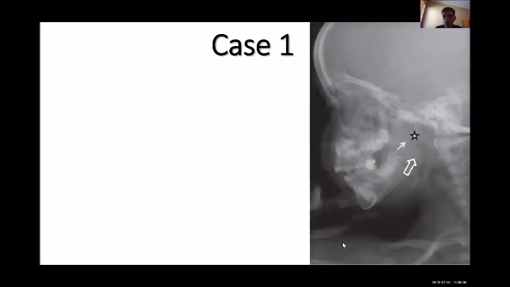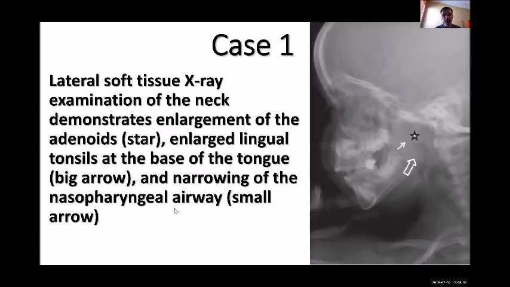You can unmute yourself and answer if you want. Is this adenoid? Yes, this is adenoid, very good, well done. The X-ray is a lateral view of the neck, and there is enlargement of the adenoid.